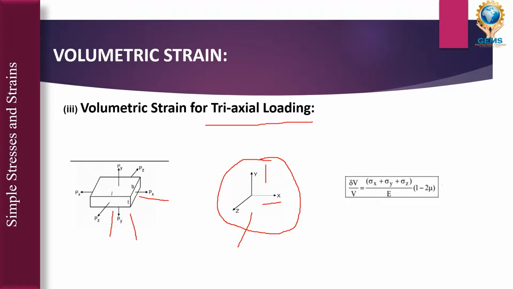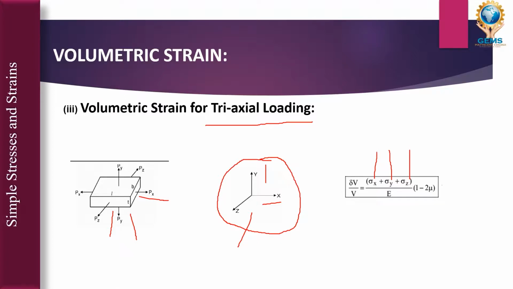So how will our formula come here? Same thing: volumetric strain is del V by V. It is equal to, now we add all the stresses: this stress for x plane, this stress for y plane, and this stress for z plane.